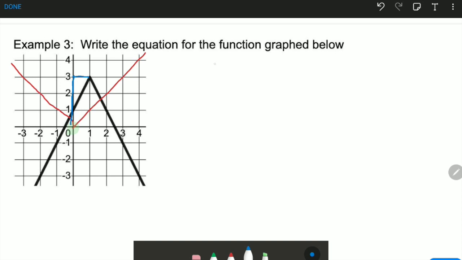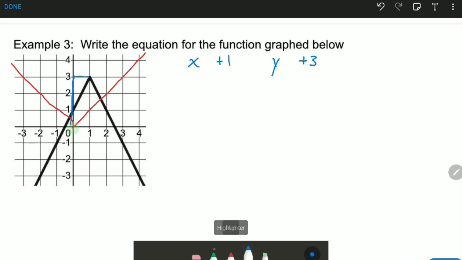So that means as far as the rules are concerned, we are adding 3 to the y values, and we are adding 1 to the x value to move it to the right. We also have something else going on. Normally, an absolute value function goes over 1 and up 1.